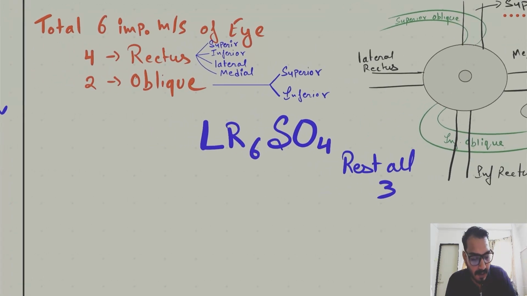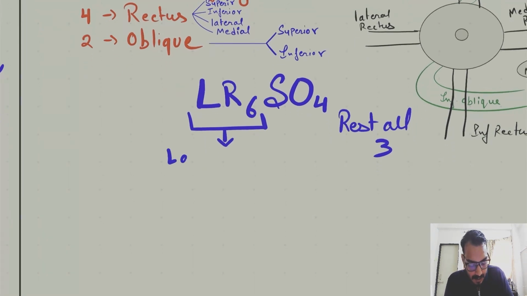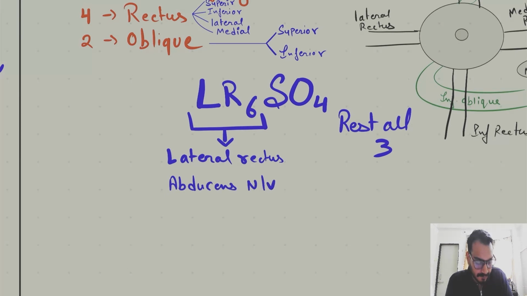What does it mean, guys? The lateral rectus is supplied by the 6th cranial nerve. What is the 6th cranial nerve, guys? The abducens nerve. Then another one is SO4.